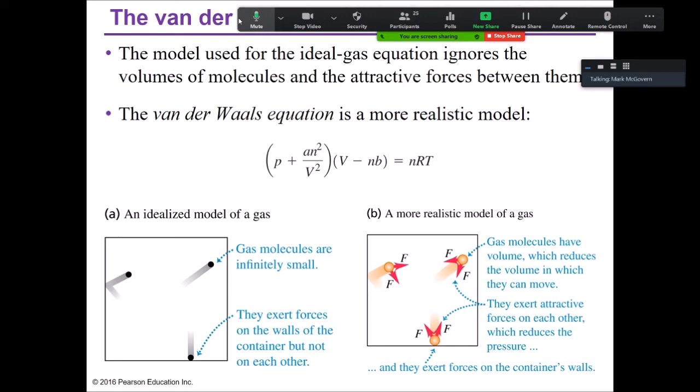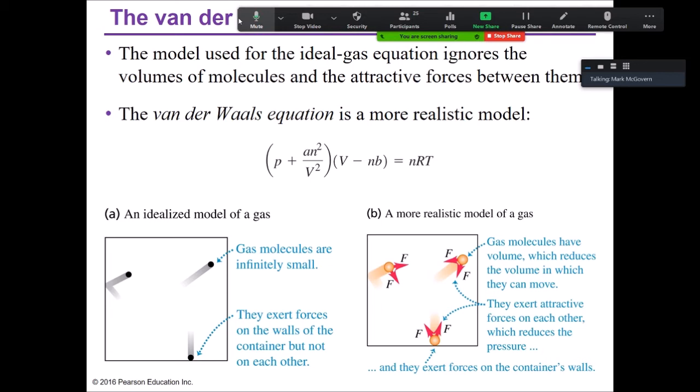What the van der Waals equation is basically saying is that the effective volume of a container is a little bit less than for an ideal gas, because molecules have volume, right?